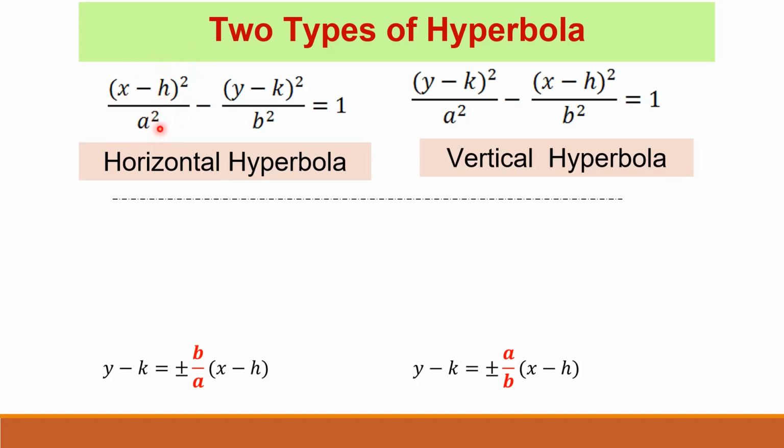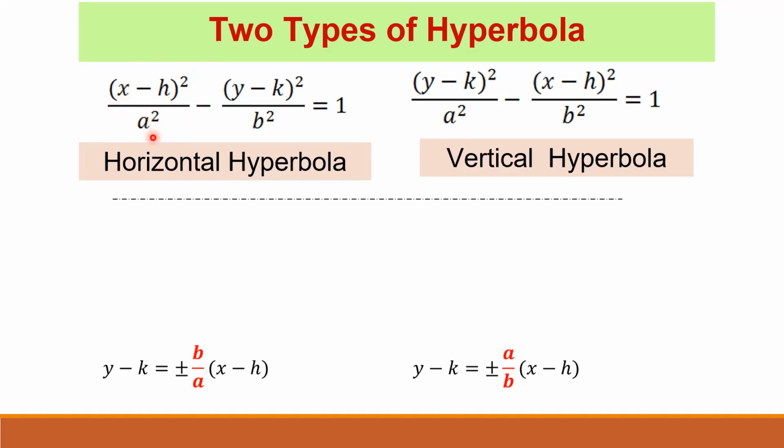In the ellipse, it matters which is the bigger denominator; that is a squared. Here, whichever is the positive fraction, that is where our a squared is. So since the positive one is here, our a squared is under x. Just like in the way we decide for horizontal and vertical ellipse, here too, it's the same. Right?